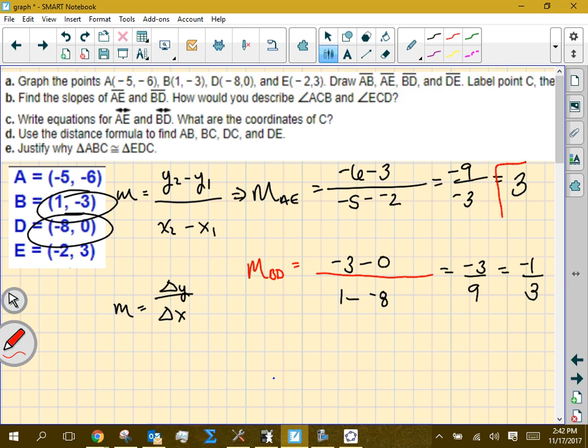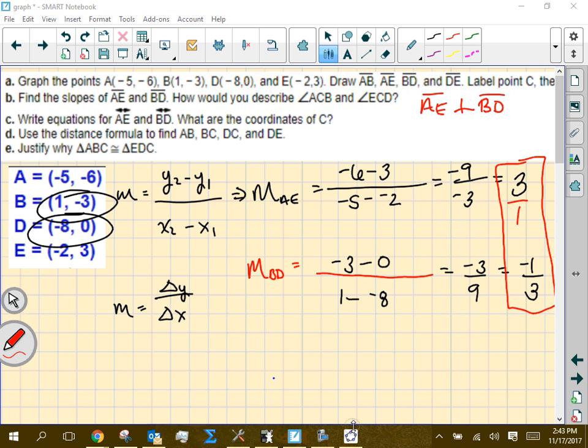If these two slopes have that comparison to one another, because this is 3 over 1, right? Are they reciprocals? Are they opposite sign? So what's that tell you about AE and BD? They're perpendicular, right? Opposite sign reciprocals for slopes tell you that the lines are perpendicular.